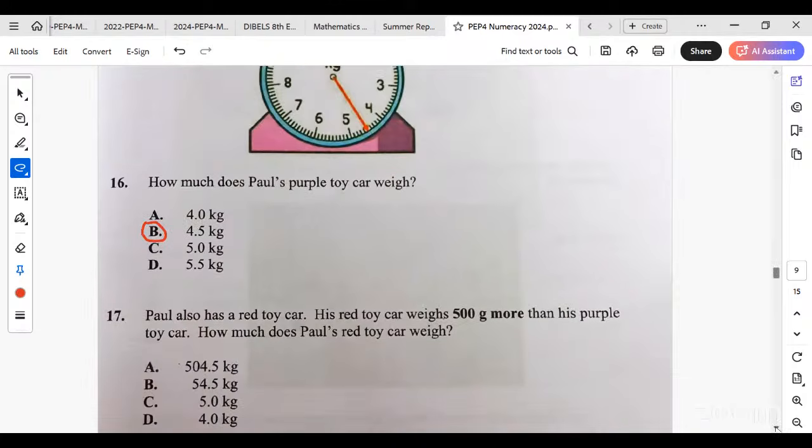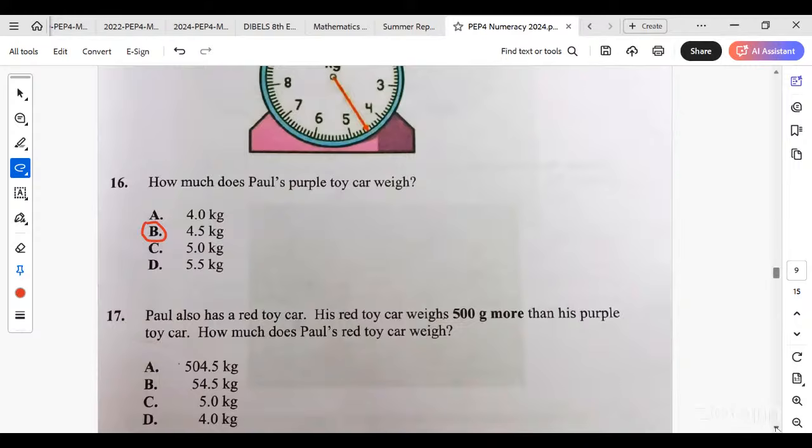All right, next question. Question 17 says, Paul also had a red toy car. His red toy car weighs 500 grams more than his purple toy car. How much does Paul's red toy car weigh? So again, 500 grams is half of a kilogram, because it takes 1,000 grams to give you 1 kilogram.